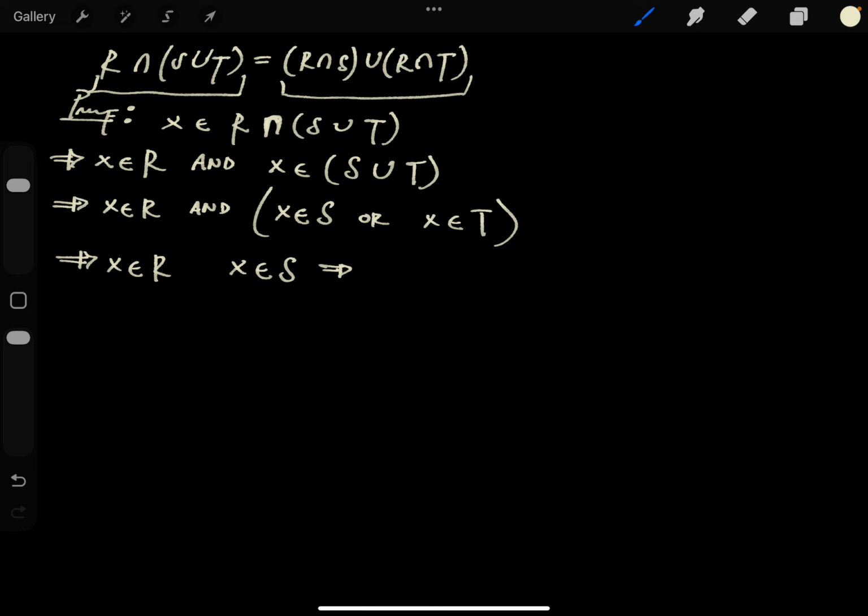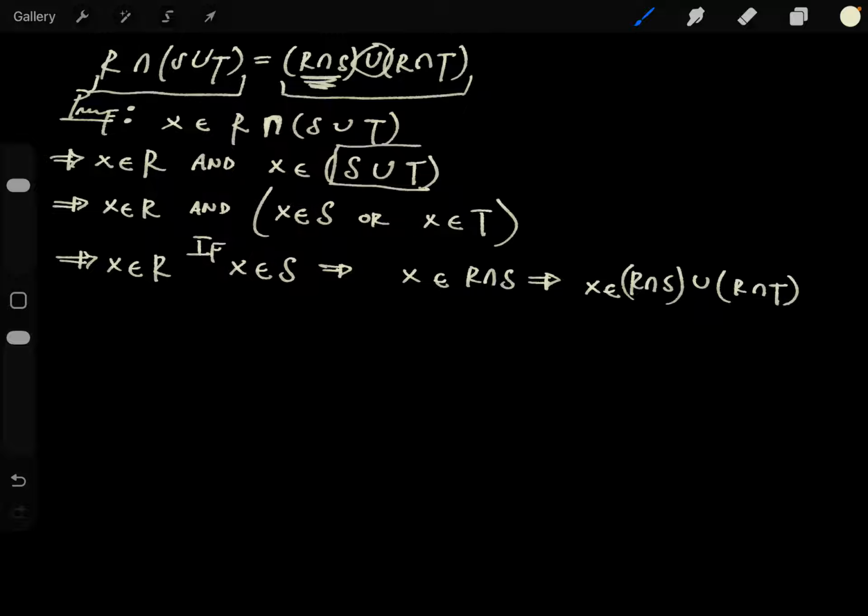Then that means that X is in R intersect S, which would mean that X is in here, and then this is a union, so this would imply X is in this union. But that's if X is in S. But if X is in this, then it's either in S or it's in T.